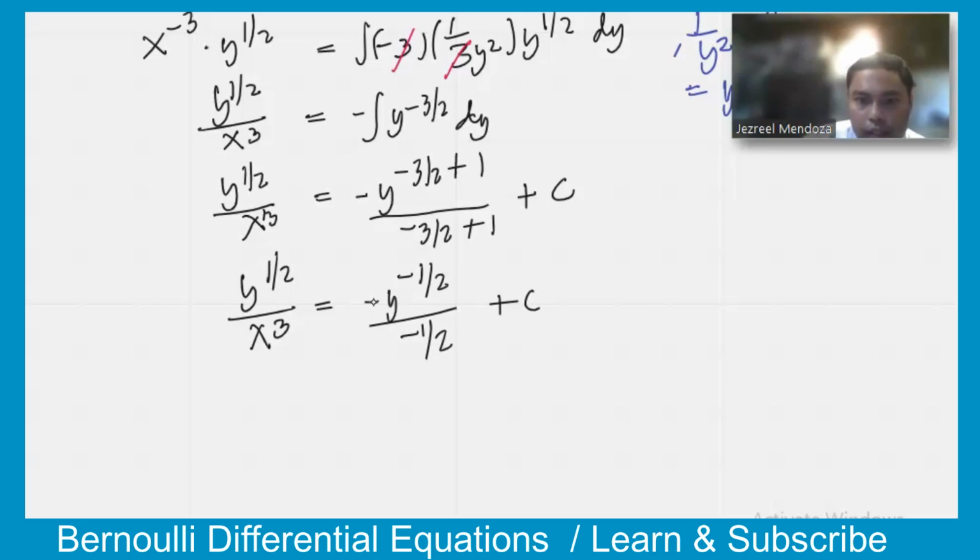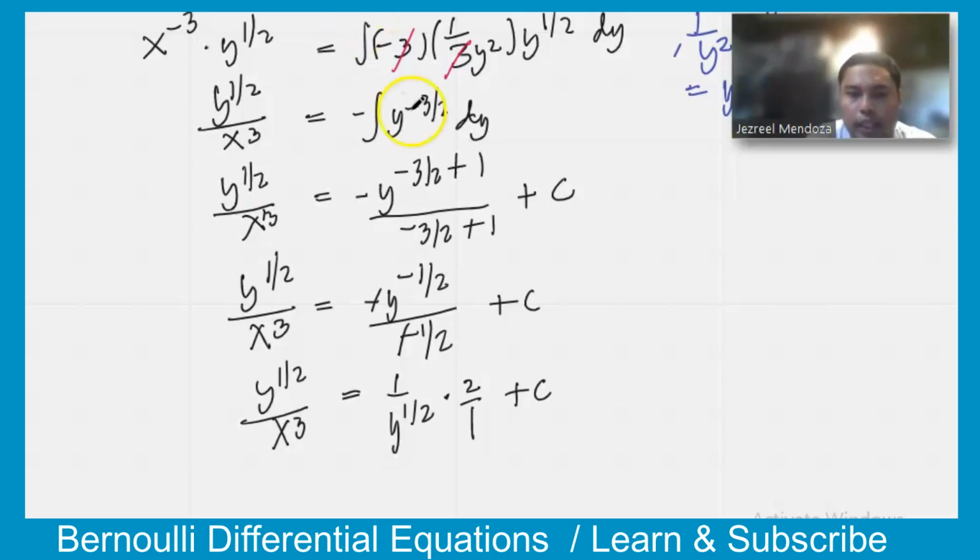And then this negative can be cancelled out, so y to the 1/2 over x cubed is equal to, this negative exponent, if we move it down to the denominator, that will become 1 over y to the 1/2, then get the reciprocal from the denominator, 2 over 1, plus c.